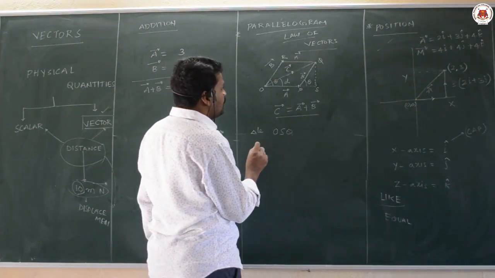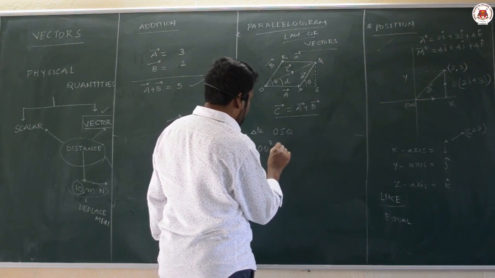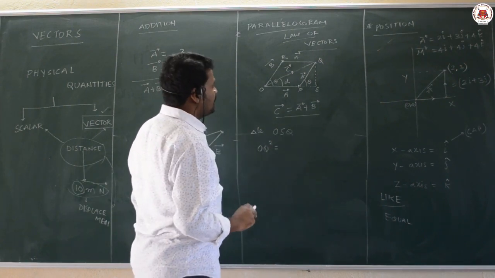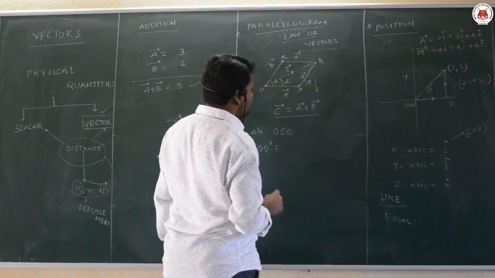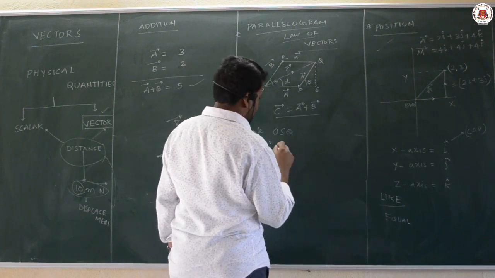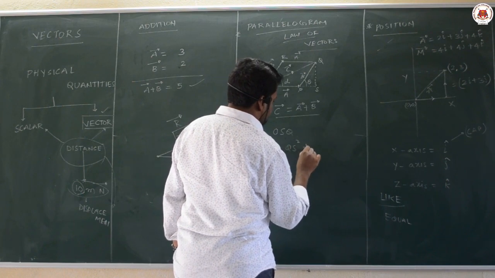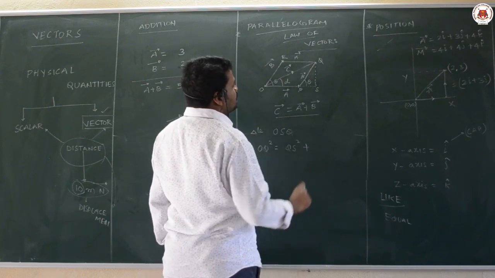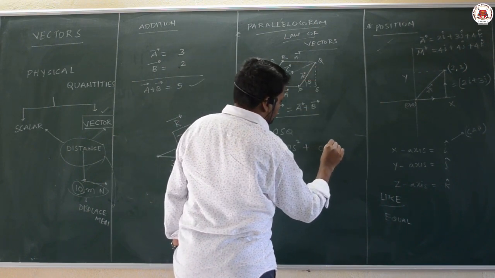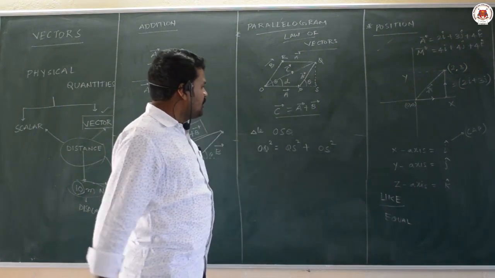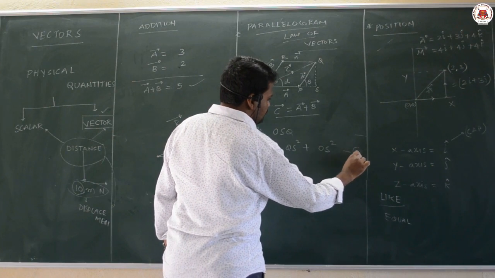OQ is the hypotenuse, so OQ square is equal to QS square plus OS square, right? Up to here accepted. Okay, this is right. Now this you take as equation 1.